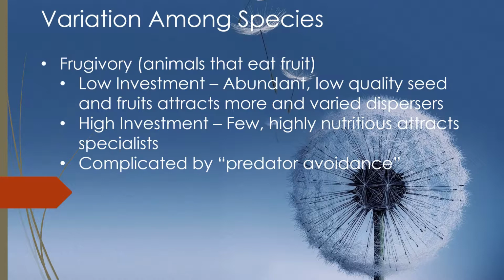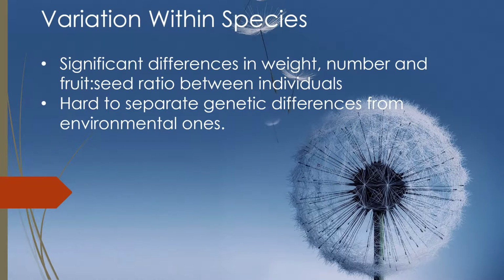This is also complicated by predator avoidance. There's also variation within a species. We're going to see significant differences in the weight and the number and other fruit qualities between individuals. However, it's hard to separate whether these are genetic differences or differences in environmental conditions.